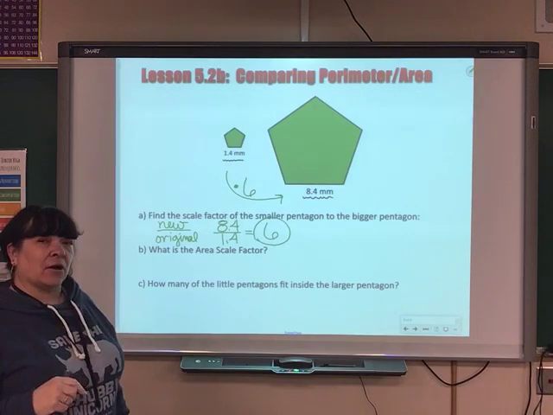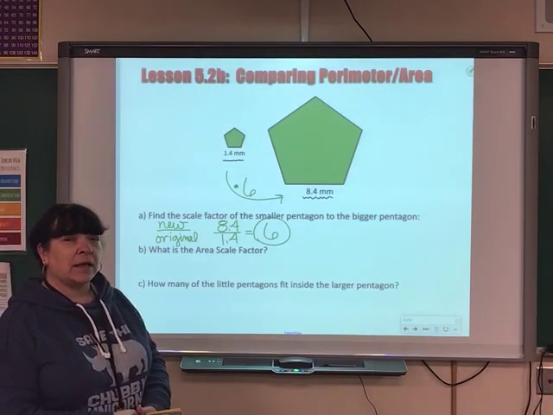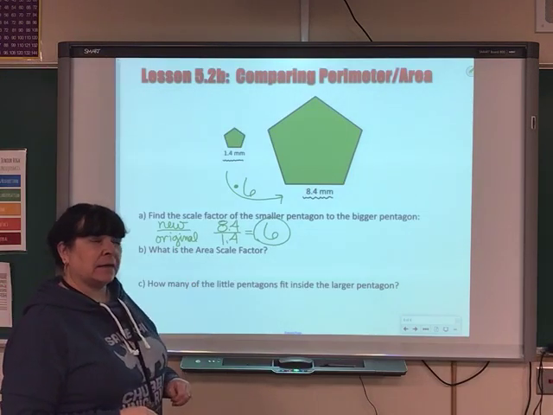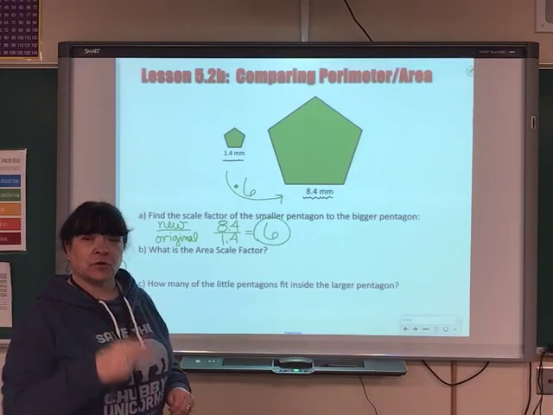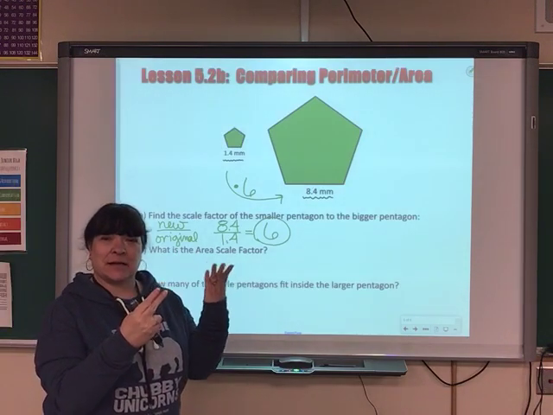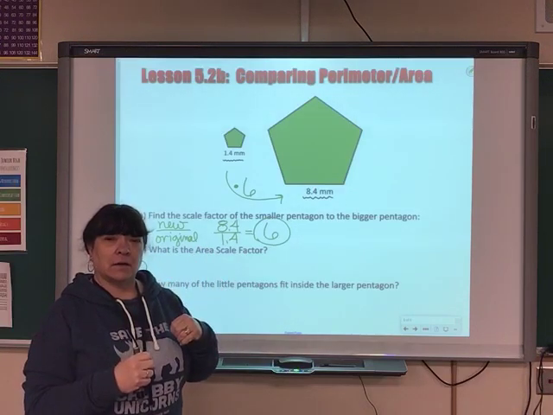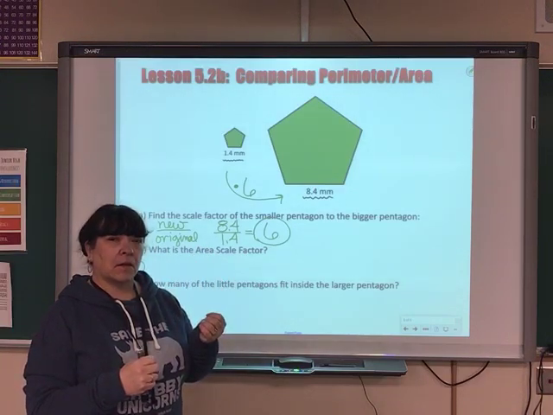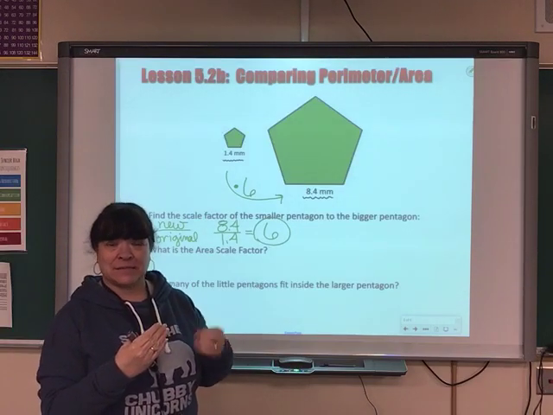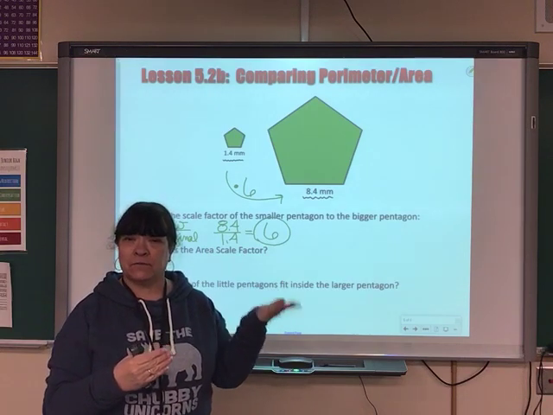What about the area scale factor? Okay, we've talked about that now in 3 different scenarios. We saw that if our scale factor was 2, then the area scale factor was 4. We saw when it was 1 1/2 or 3/2, the area scale factor was 2 1/4 or 9/4.